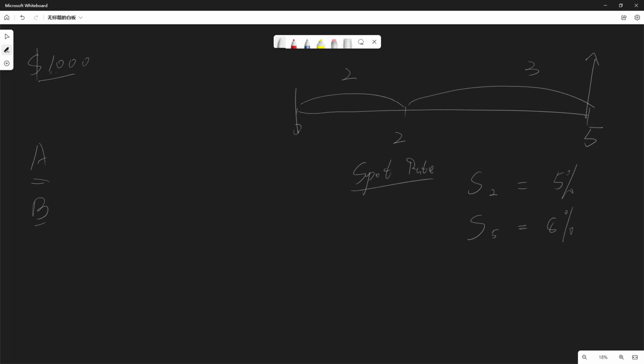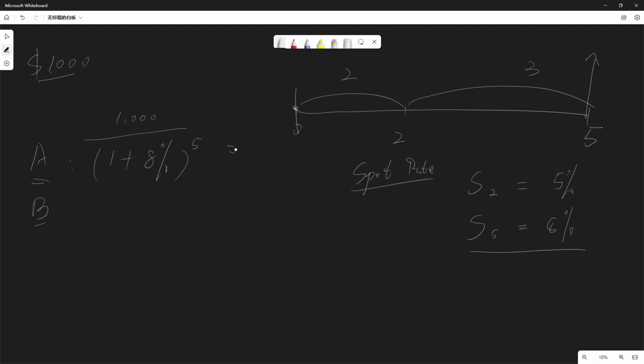So what I'm going to do right now is discount that. At time 0, A's bond price right now should be $1,000 discounted back to now. You look at the spot rate, which is 8%, and discount that over a 5 year period. You need to take the terms into account, and then you get a certain price.